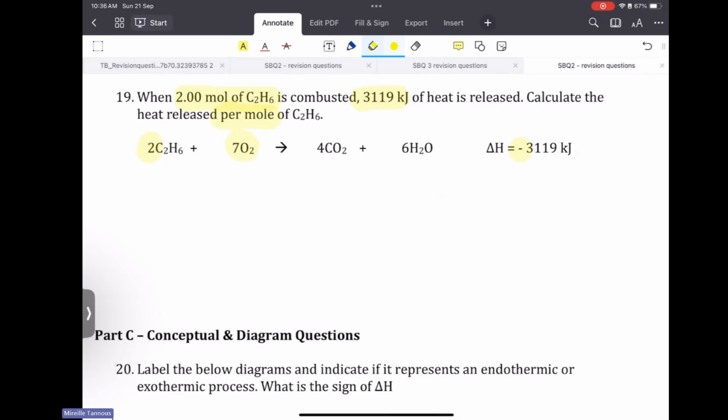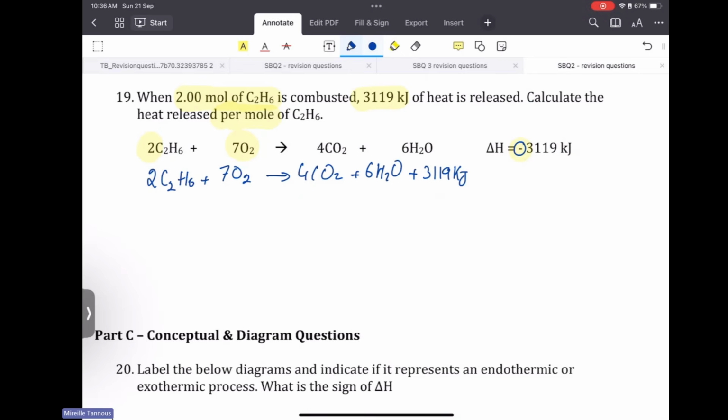And the question is asking per 1 mole. Now I can give this question in the quiz in a different way, and I can write 2C2H6 plus 7O2, 4CO2 plus 6H2O plus 3000 kilojoule. So be careful when you are writing your answer, don't forget the negative.